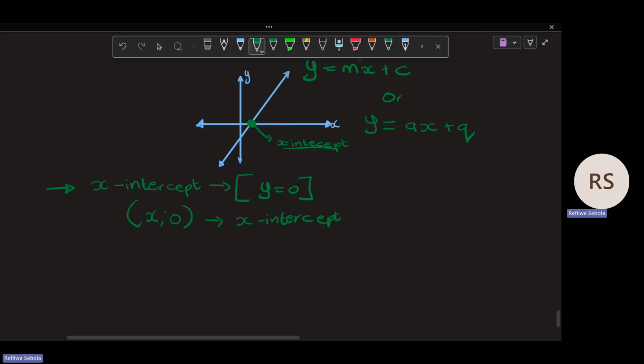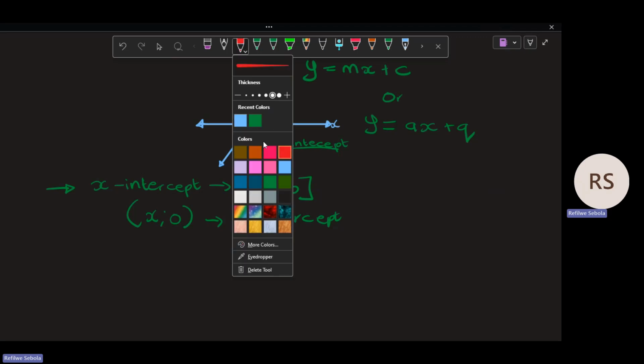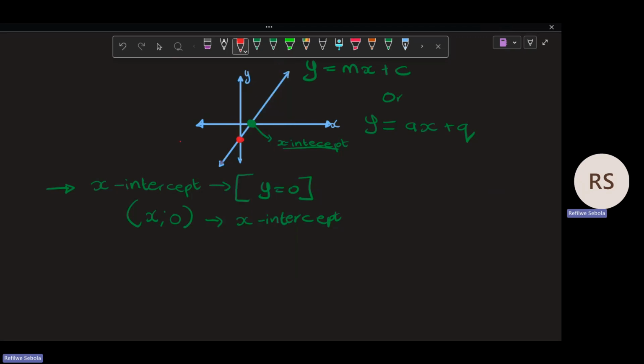So let us now analyze another thing here. Let me use a different color. This point here is called the y-intercept.